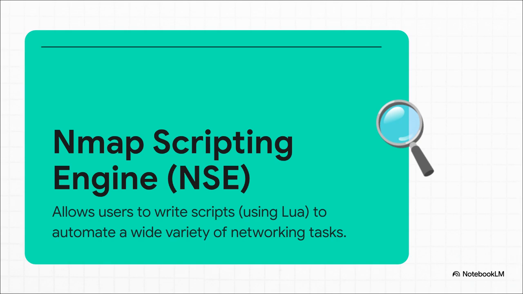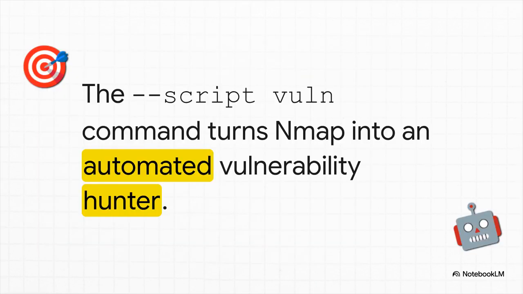There are literally hundreds of scripts already out there written by the community that can do everything from advanced discovery to finding very specific vulnerabilities. And check this out. This single command, using the vuln script category, basically turns Nmap into an automated vulnerability scanner. It takes all the services and versions it finds and automatically checks them against a giant database of known security flaws. It's like having a security expert automatically check every door and window for you.